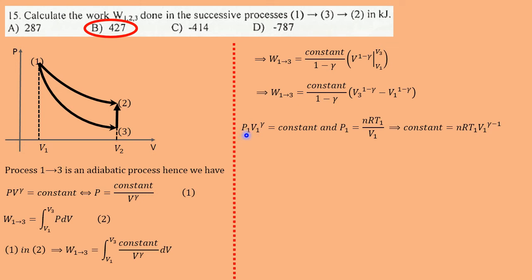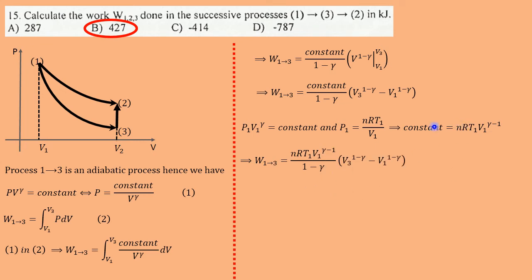So we'll substitute this pressure at state 1 with the expression which we had earlier seen in the previous exercises, P1 equals nRT1 on V1, and we'll have this substituted in this expression. Our constant becomes nRT1 V1 raised to the gamma minus 1. So when you substitute this here, we have V1 at the denominator and V1 to the gamma at the numerator. That's why you have V1 raised to the gamma minus 1, because it's a division.